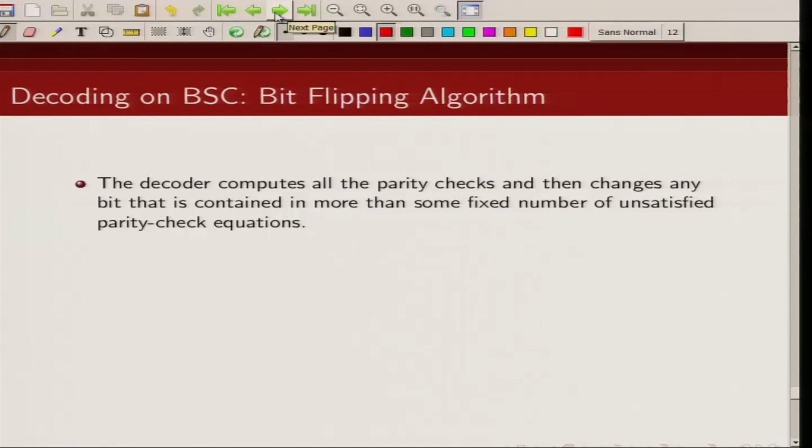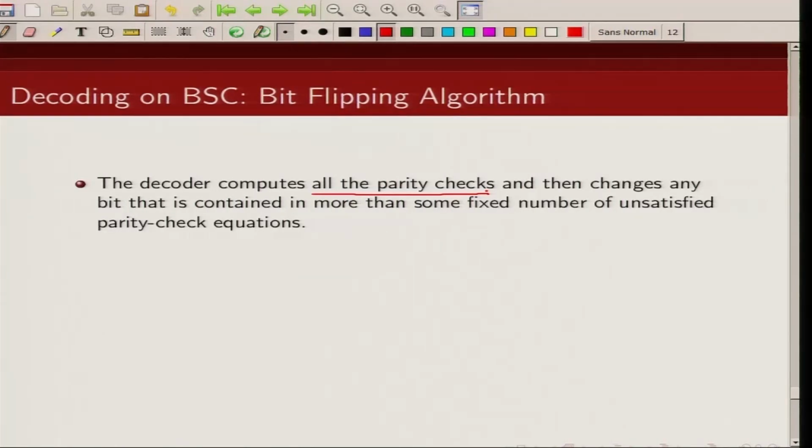Then what the decoder does is it computes all the parity check sets and then changes any bit that is contained in more than a fixed number of unsatisfied parity check equations, and then we recompute the syndrome.